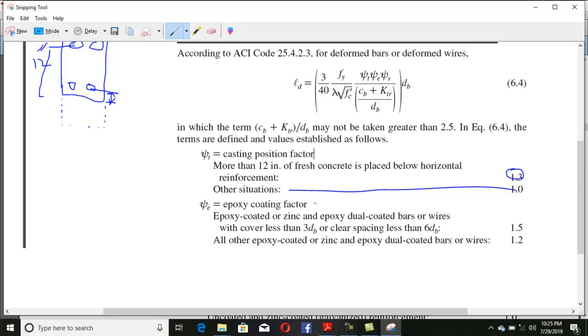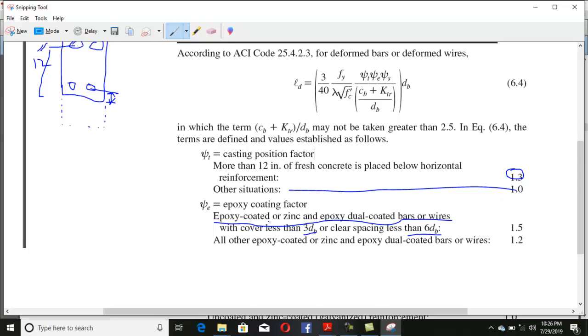Sometimes we apply some kind of coating over the steel for the purpose of corrosion control. If the bars or wires are epoxy coated, or zinc and epoxy dual coated, with cover less than 3db or clear spacing less than 6db, this is a restriction in the ACI code.